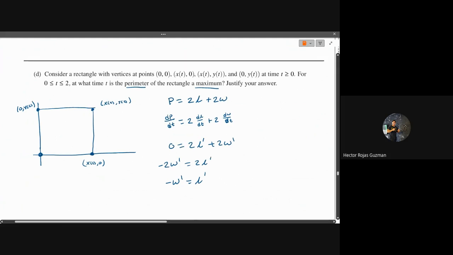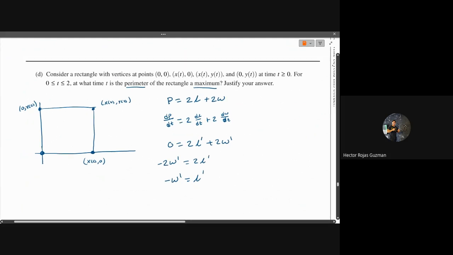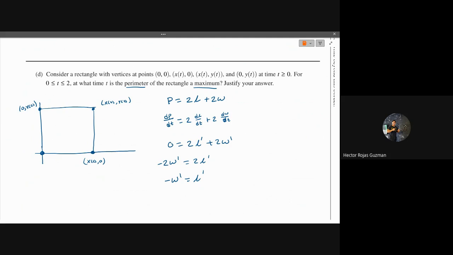Actually, I forgot that we have an equation for x prime and y prime. So we don't even need to solve this any further. I'm going to backtrace 2 steps right here because we have L prime and W prime. I forgot to look at my rectangle. 0 is equal to 2 L prime plus 2 W prime. We're going to call this the length, and we're going to call this the width.